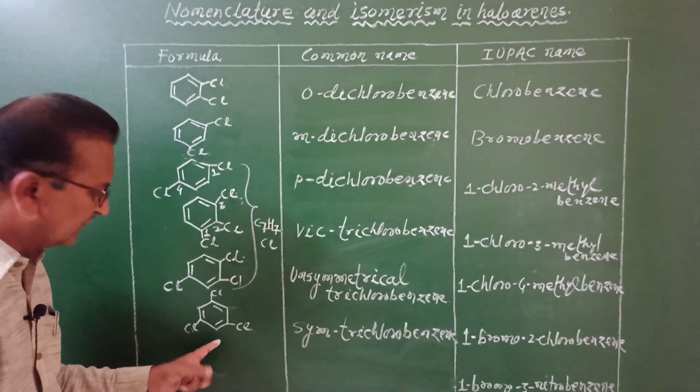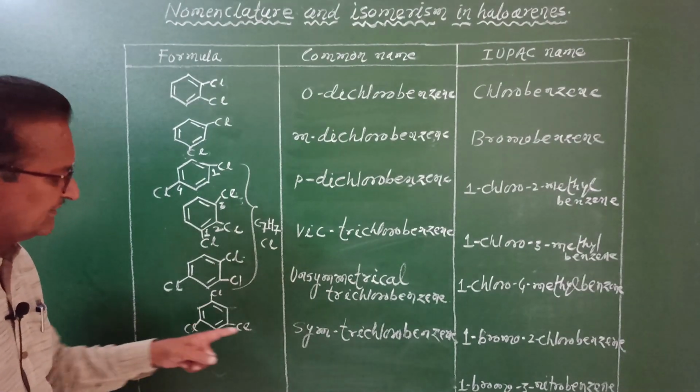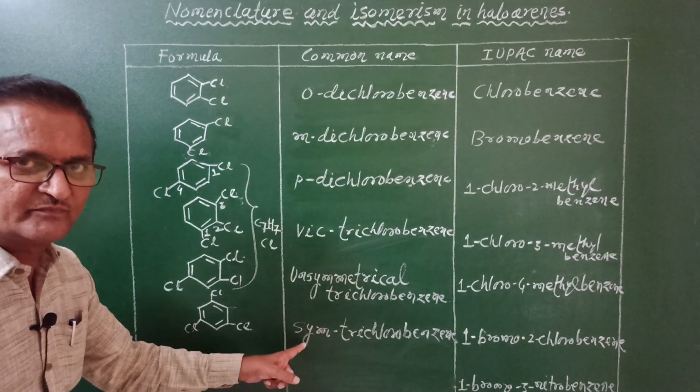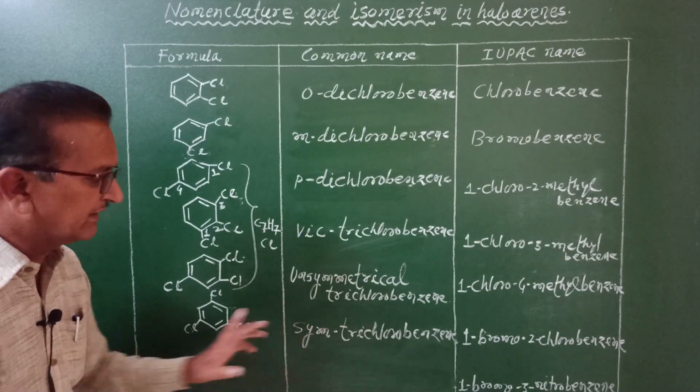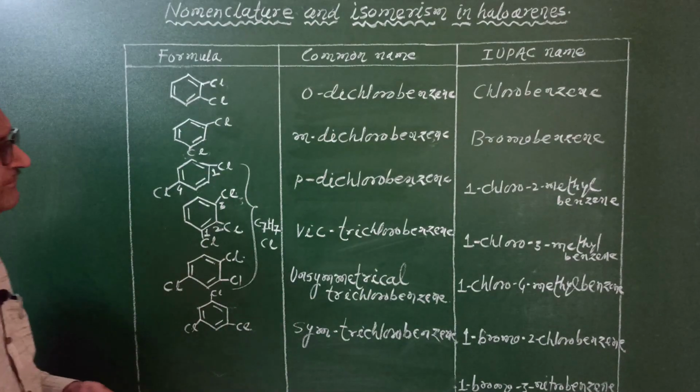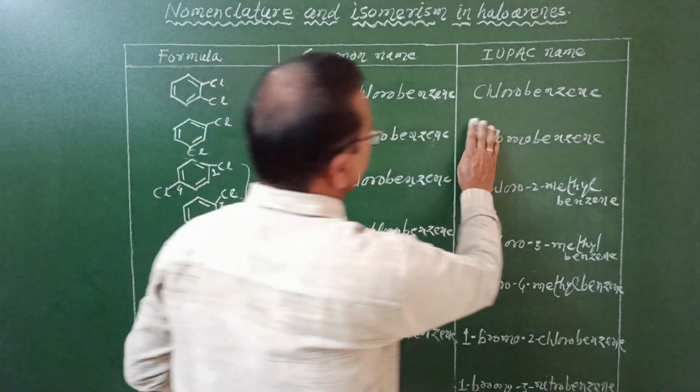If we divide this molecule, we will get two equal parts, and that's why this is known as symmetrical. Now let us see the IUPAC names of these.